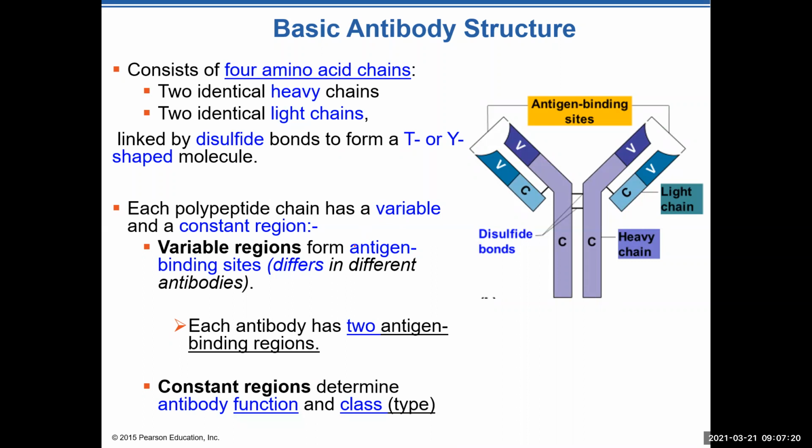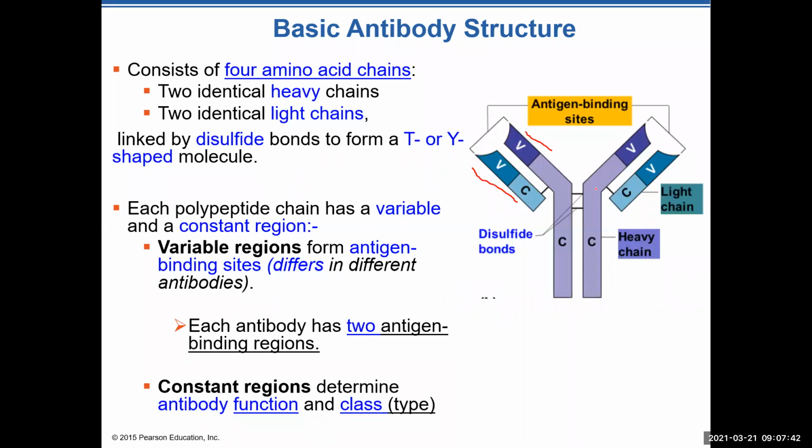Each antibody consists of four polypeptide chains. As you can see here, this is one chain, the green one. This is another chain, the blue one. This is another blue one. This is one more chain, the light one. The green ones are called the light chains, and the blue ones are called the heavy chains.